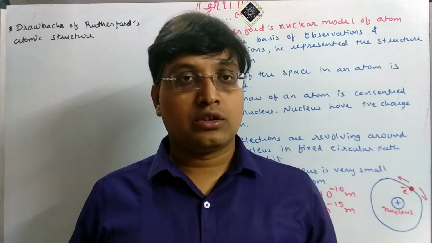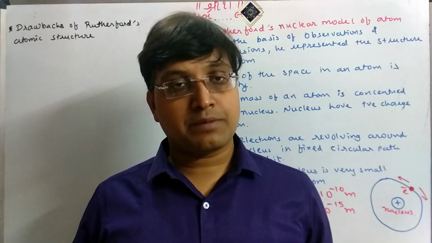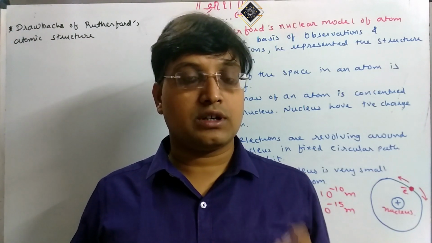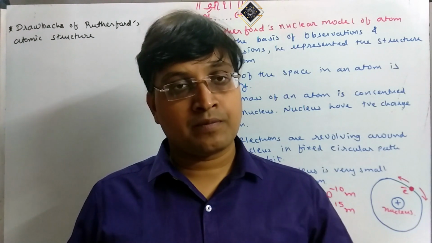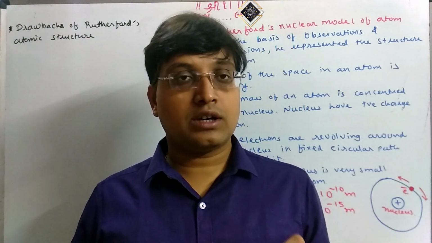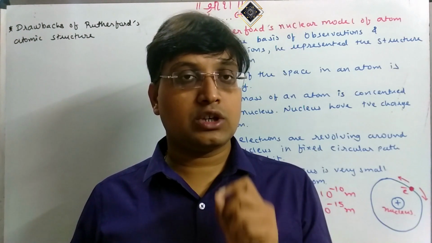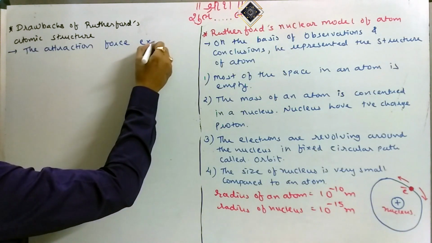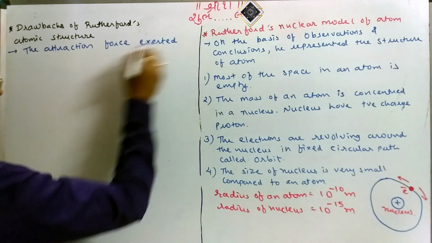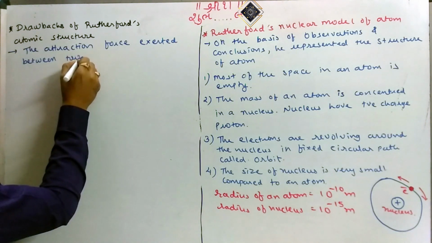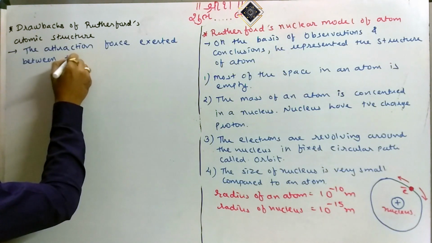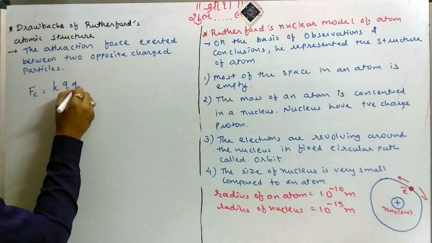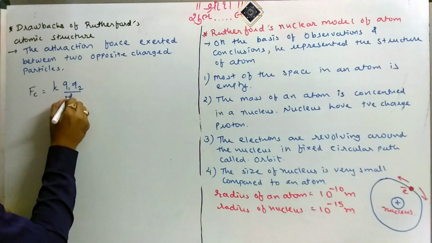According to Coulomb, when two charged particles are at distance r, the attraction force exerted between them is F equal to K Q1 Q2 upon R square. The attraction force exerted between two oppositely charged particles is Fc equal to K Q1 Q2 upon R square.